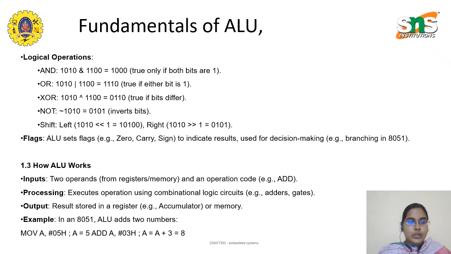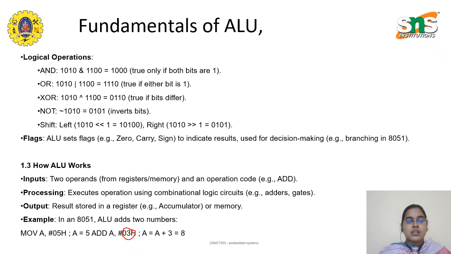For example, in an 8051, the ALU adds two numbers and the program code is MOV A, #05H. That is, we move the data 05 into the A register, and now 5 will be stored in the A register. Then ADD A, #03: now I am going to add 3 to the A register.